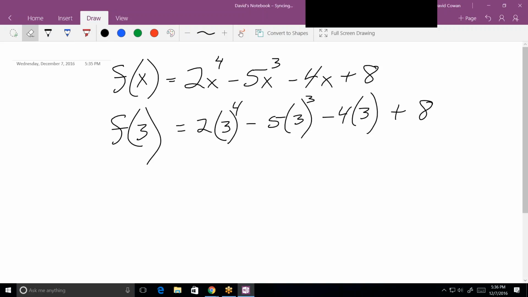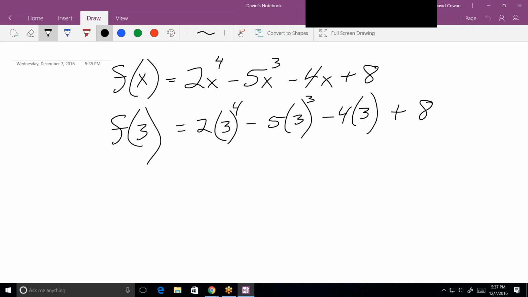So do I multiply 3 to the fourth? Well, you have to do the exponential part first. In other words, remember PEMDAS, right? Parentheses and exponentials you have to do first. Besides that, the 4 is not acting on the 2. So I can't do anything with the 2 and the 3 because the 3 is being taken to the 4th power and the 2 is just multiplying whatever that is. So do the exponents first. What's 3 to the 4th power?